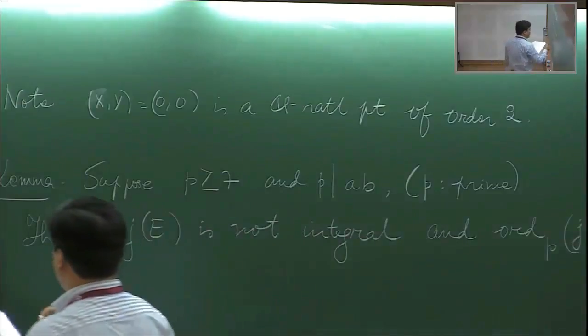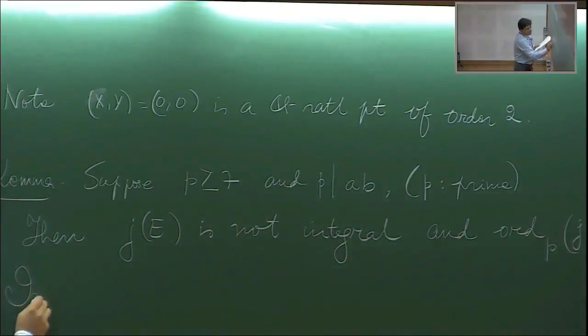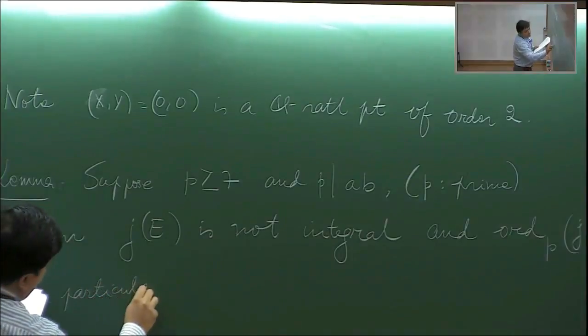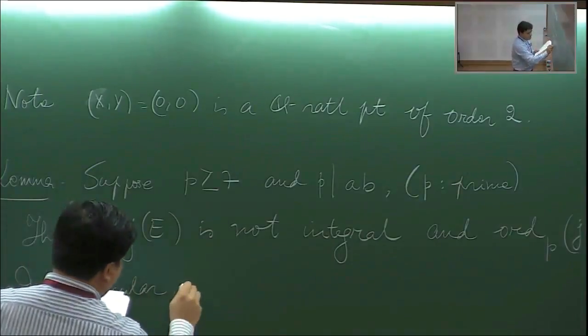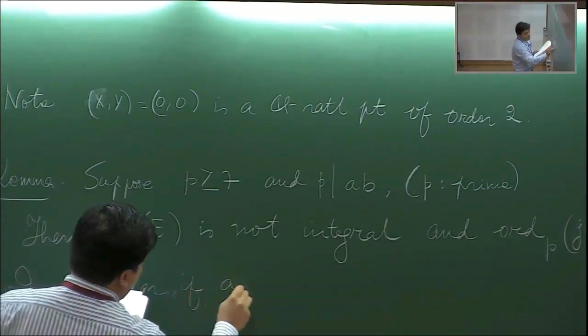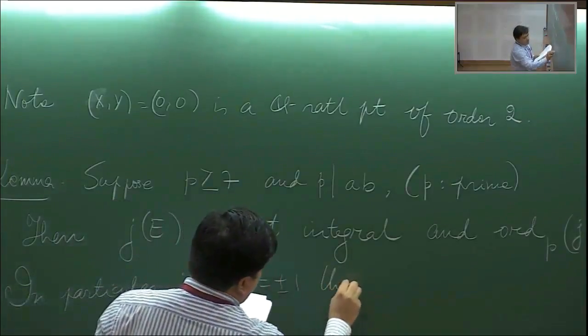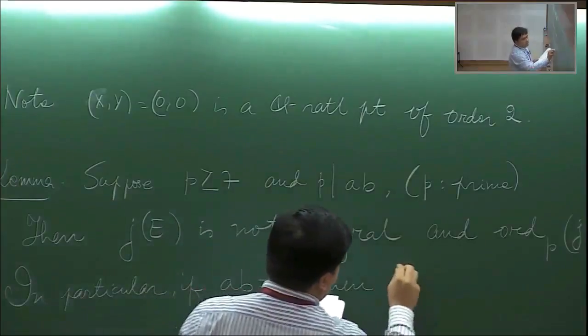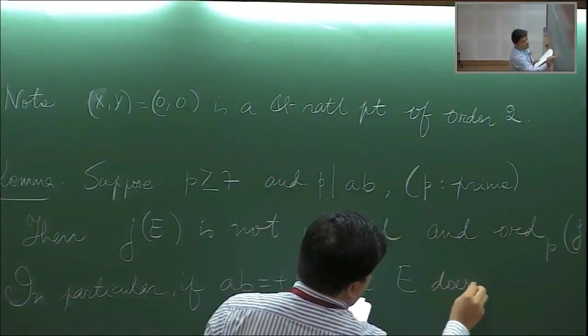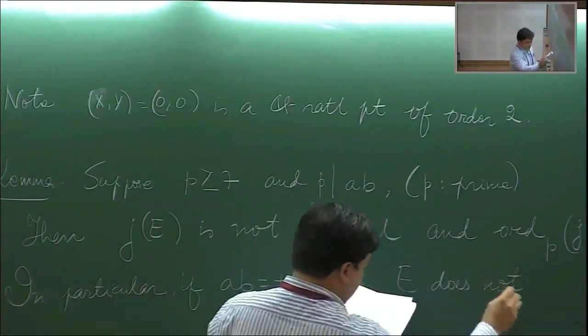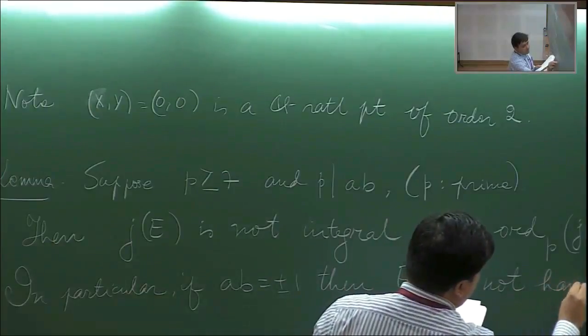In particular, it is not difficult to see that j(E) is not plus or minus 1, and then E does not have CM.